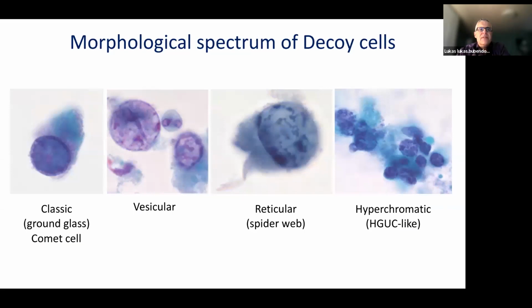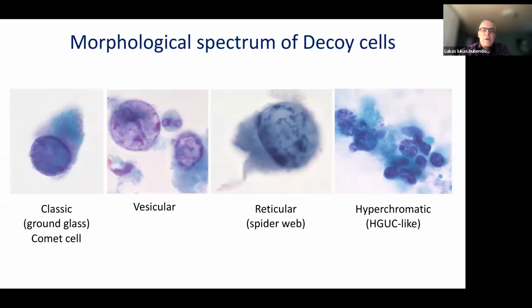Well, the thing is that these decoy cells have many phases. That's a continuum of morphological changes. On the left, you see the classic ground glass cell with this comet-like cytoplasm. So if you see one of those, you are absolutely sure it's a decoy cell. But you know, also the vesicular ones are decoy cells. These cells make transitions while the infection evolves.